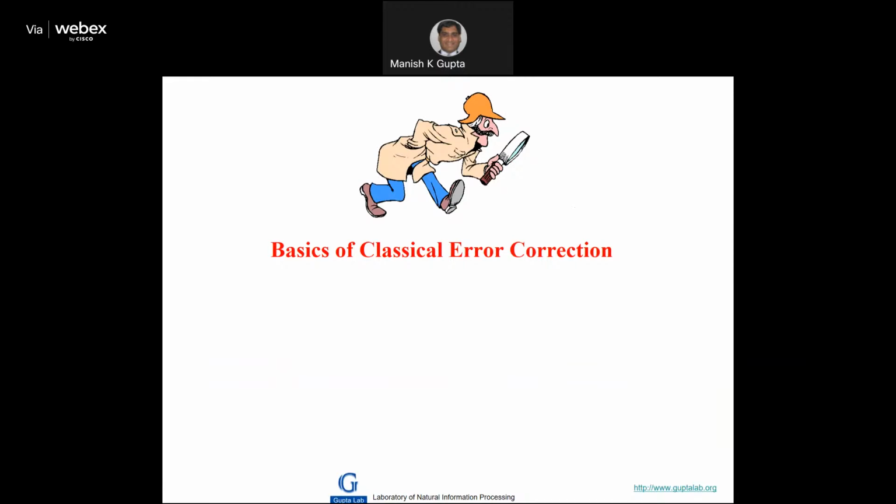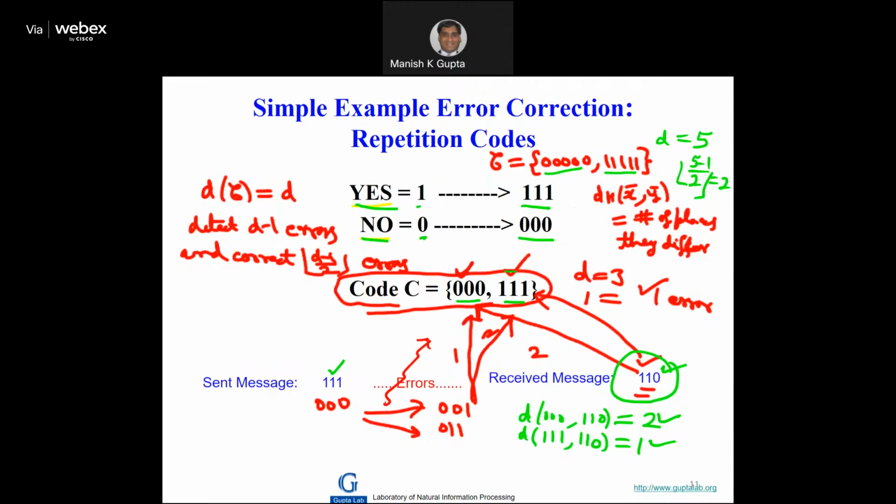Now I'm going to give you some very basic examples of classical error correction techniques that are quite common. So look at this picture here. Suppose we have two things I want to say, yes or no, right? So yes, I encode 1 and no, I encode 0.